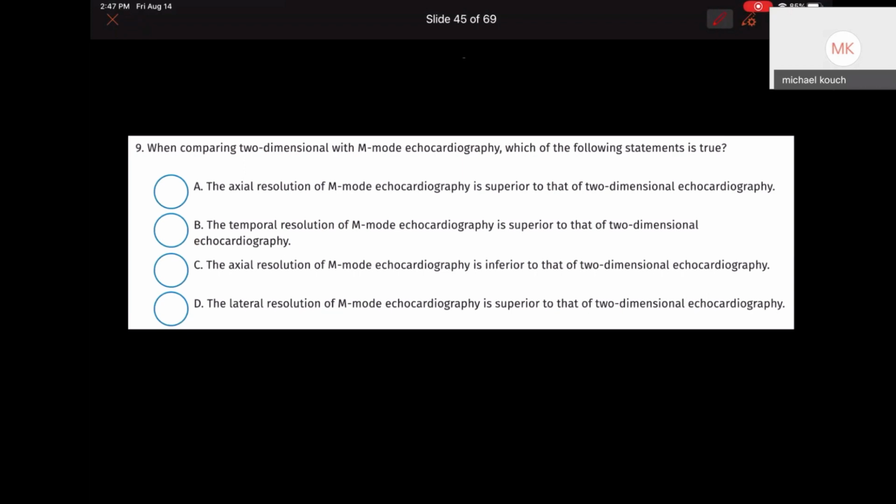I think it's B. Like we talked about this. Good. This is regurgitated from the lecture. Temporal resolution of M-mode is superior to that of 2D echo. Your eye is not as good as M-mode is. The machine itself is basically what you're seeing in your eye, because the frame rates are relatively high, so you can use M-mode on very fast moving structures.